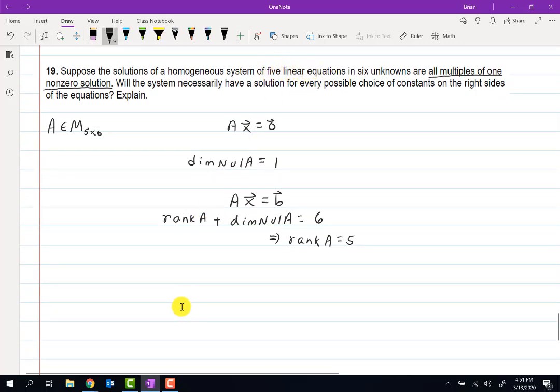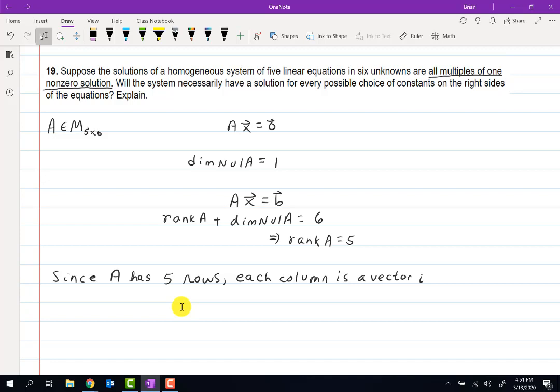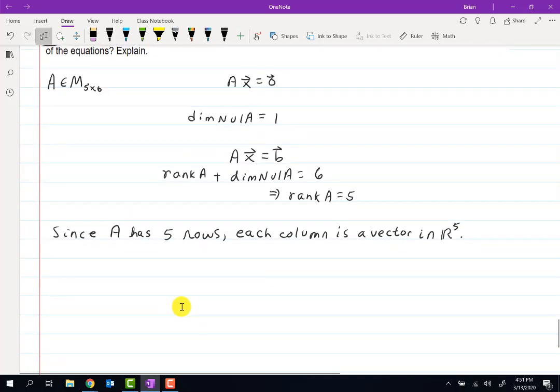So since A has 5 rows, each column is a vector in R5. But I just found out the rank of A equals 5.